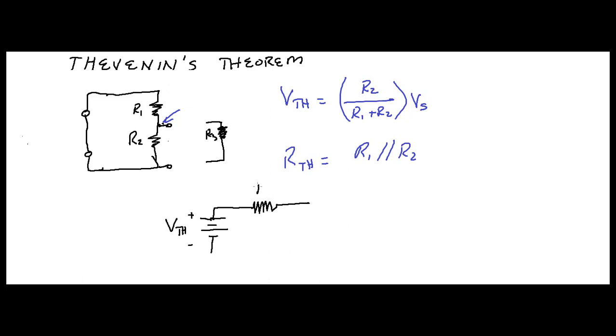This is going to be R Thevenin. Very nice. And then we're going to come up here. And this is going to be what? R3. You see all we did? I'm just going to draw this. I just took R3 and I put it back there. And that's what this is right here.